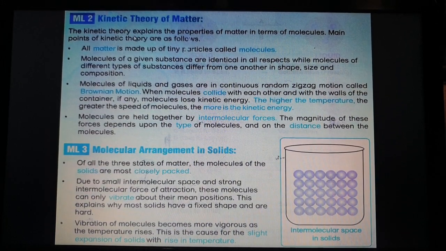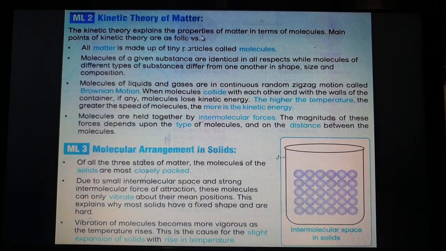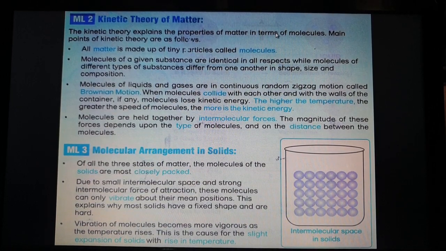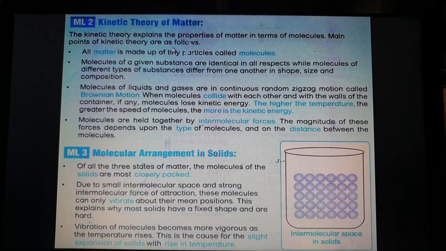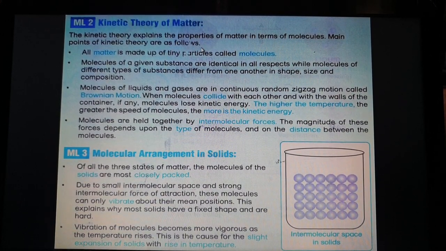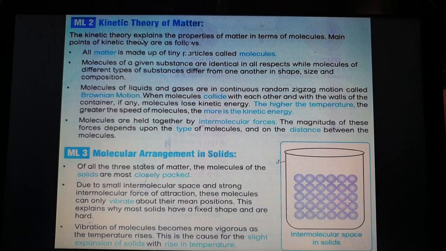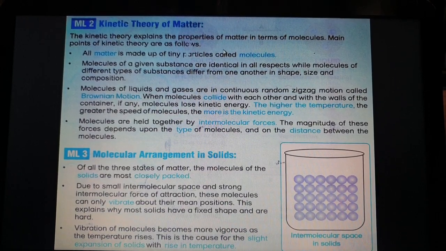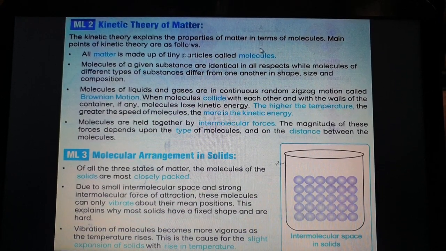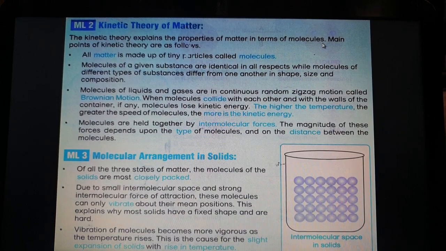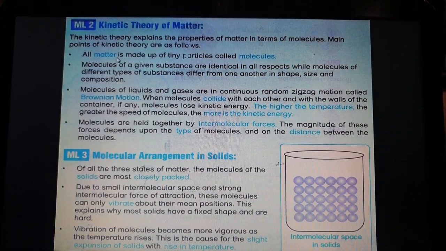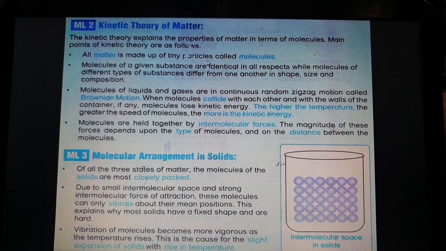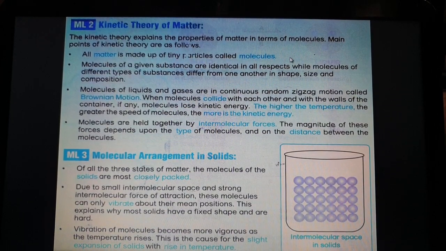Now, the kinetic theory explains the property of matter in terms of molecules. The main points of kinetic theory are as follows. Kinetic theory explains how the molecules are arranged in matter. The first point is: all matter is made up of tiny particles called molecules.